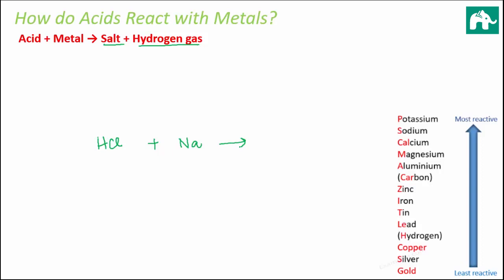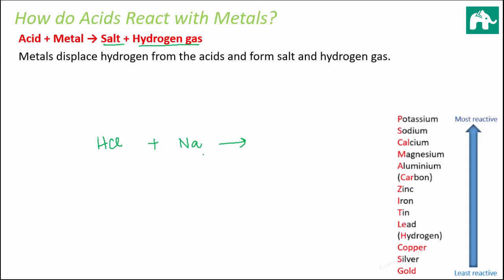The metal displaces the hydrogen from the acid. Acids such as HCl, H2SO4, HNO3 all have the hydrogen atom, and the metal will actually displace this hydrogen atom and take its position. In this case, sodium will kick out H from HCl, take its position and form NaCl. And this hydrogen will be liberated as hydrogen gas. So this is how a salt will be formed.